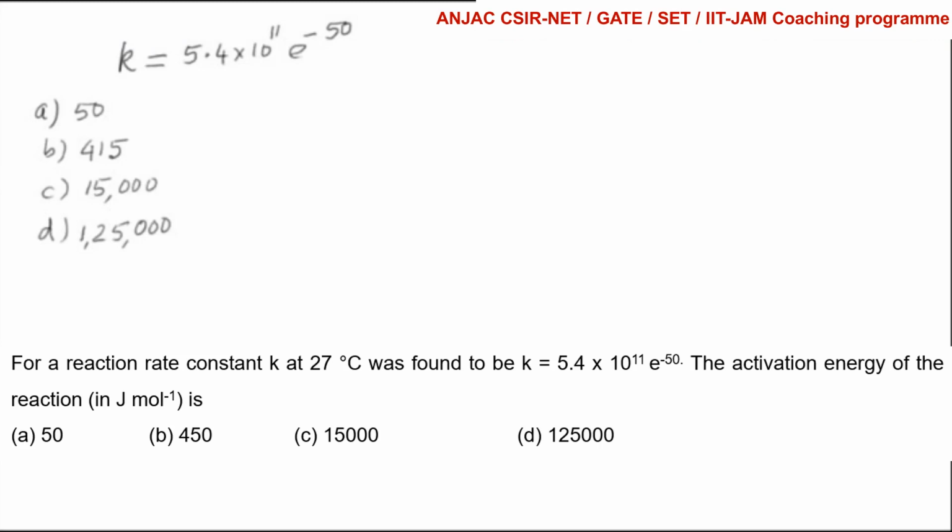Here once again, we are asked for the activation energy. Therefore, the problem is concerned with the Arrhenius rate equation. The Arrhenius rate equation is in three forms. Which form do I have to make use of? You read this and find out which form should be applicable.